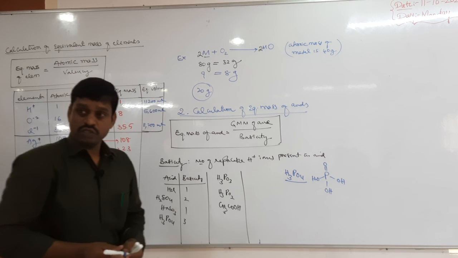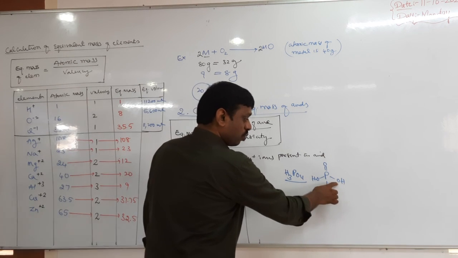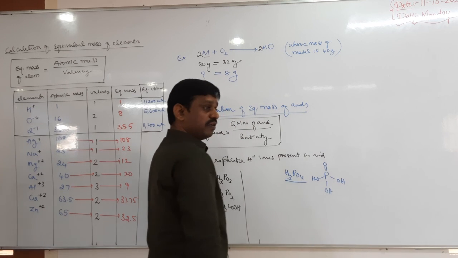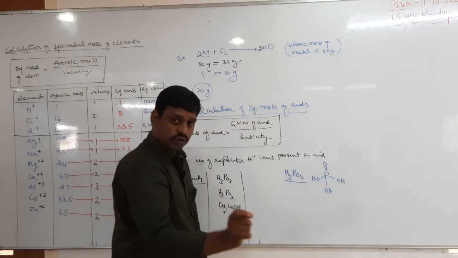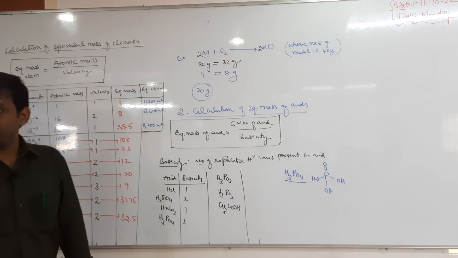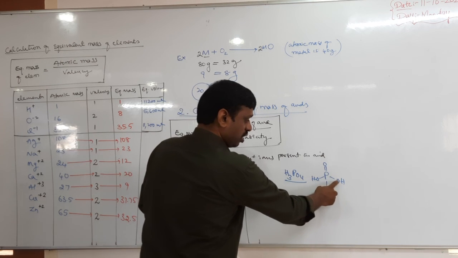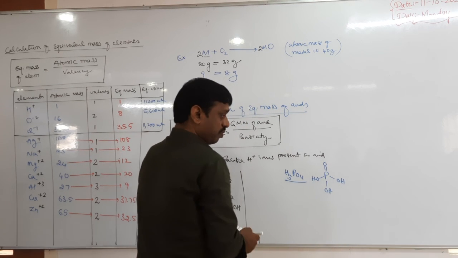The hydrogen attached to oxygen is replaceable. So here there are 1, 2, 3 OH. It means 3 H are replaceable.